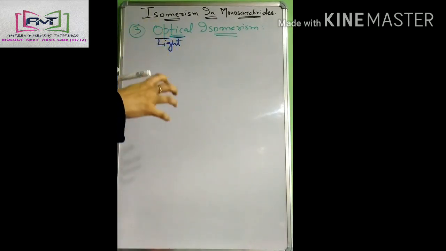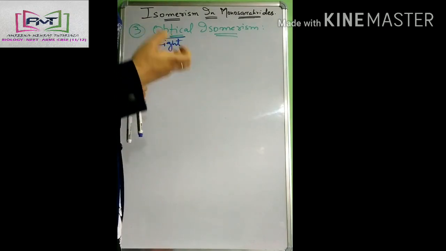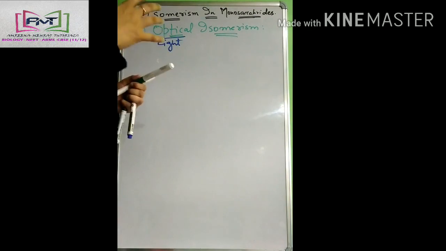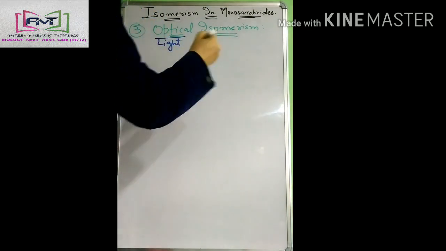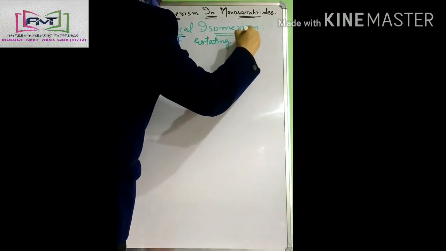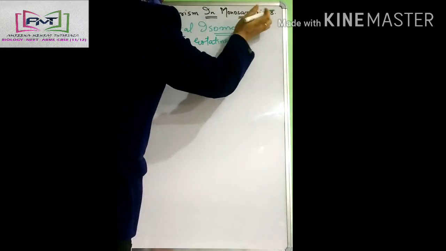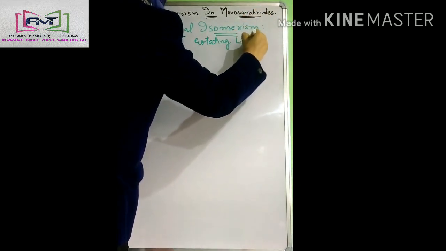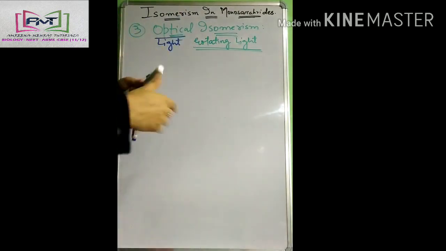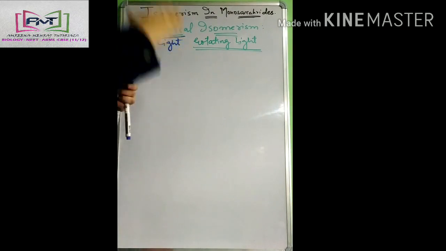It means you have to understand here what your monosaccharide is doing with light, whether it is capable of rotating light or not. Okay? So you have to see this.